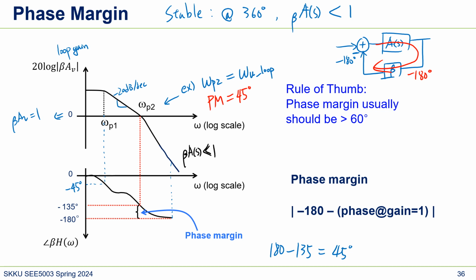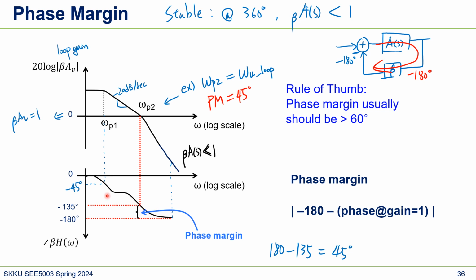And here's a rule of thumb. It's not always, and sometimes people set their own different value, but as a rule of thumb, phase margin should usually be larger than 60. Why do we talk about margin? Let's say we don't have any margin, then we don't know what happens if we have PVT variation, right?